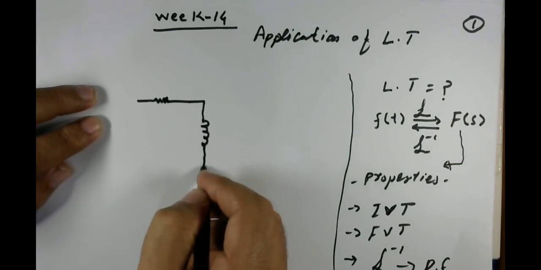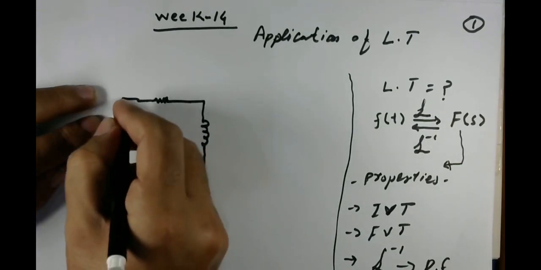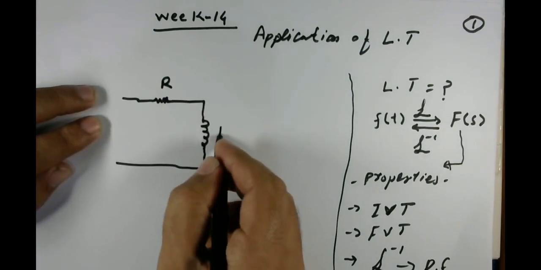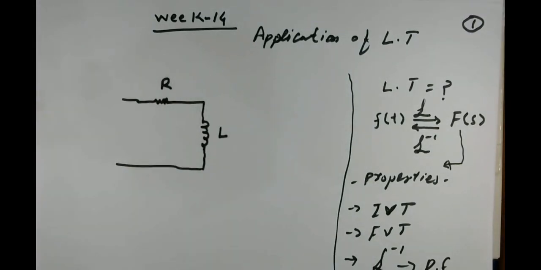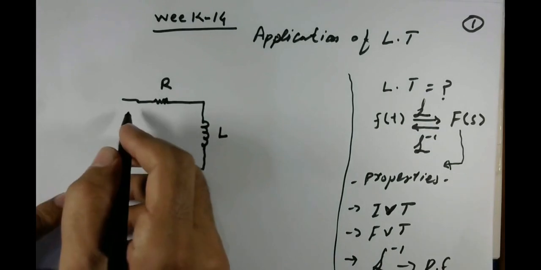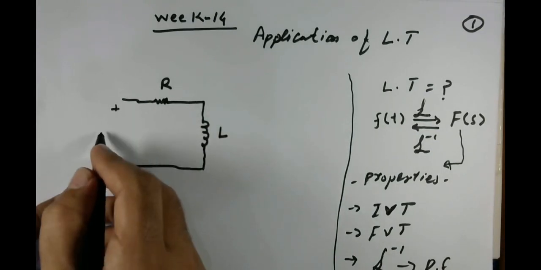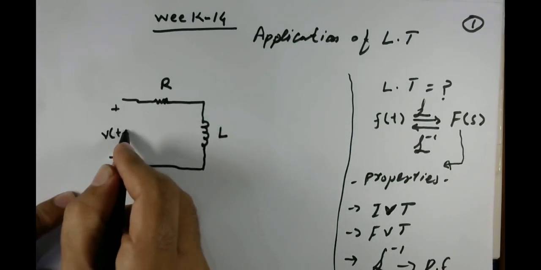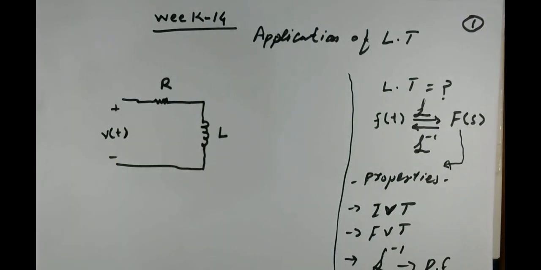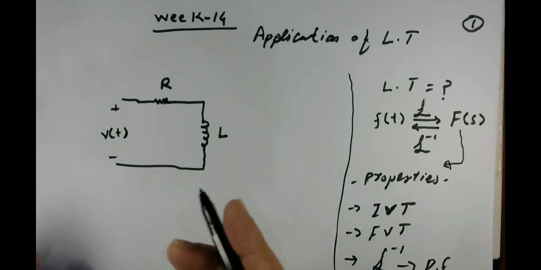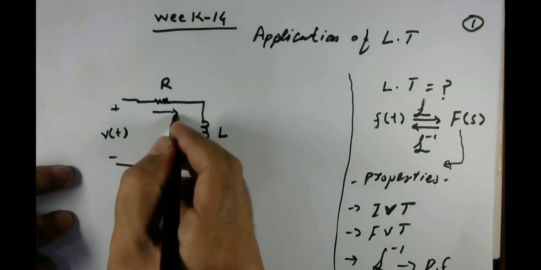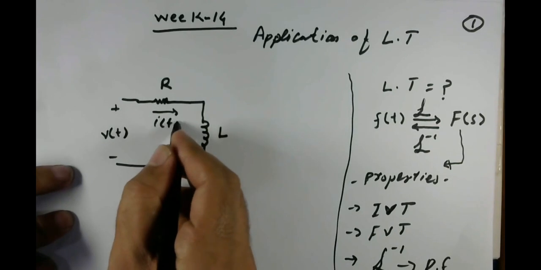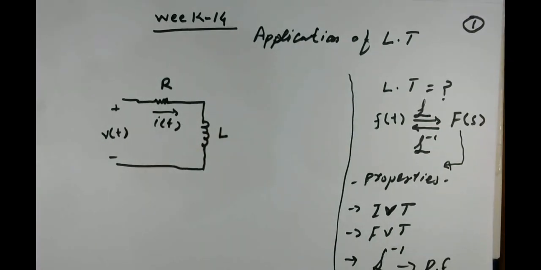It consists of one resistor and one inductor, and it is applied with a certain voltage, say V of t, and we are interested in finding its equation. Say the current flowing here is I of t.